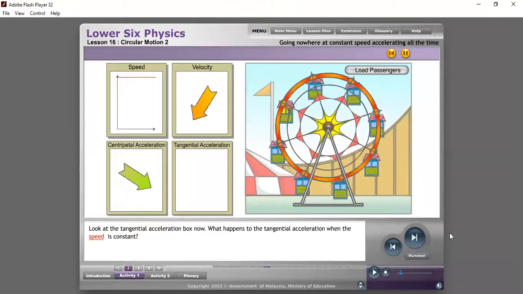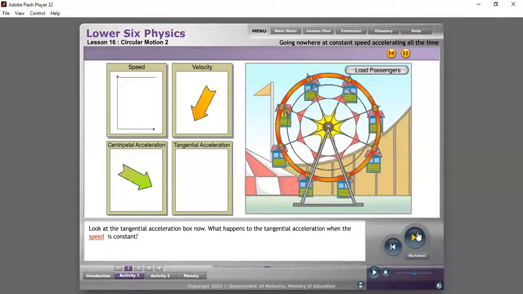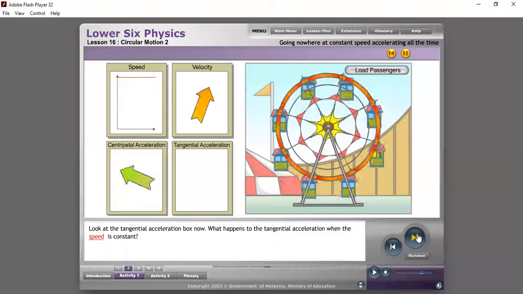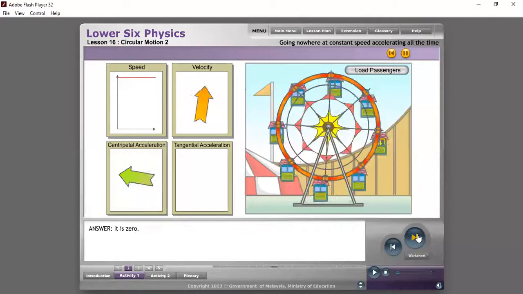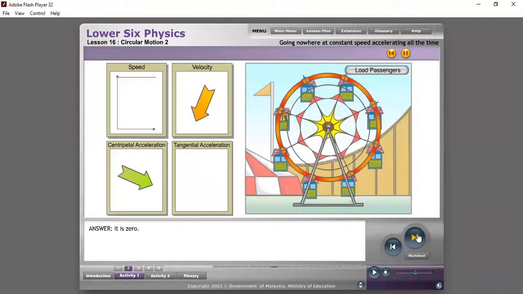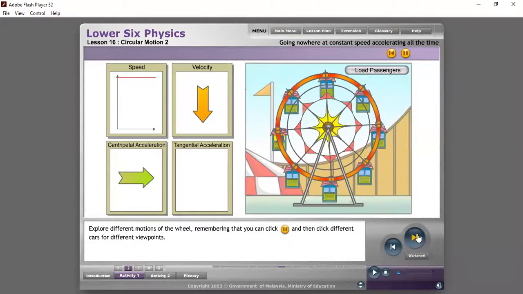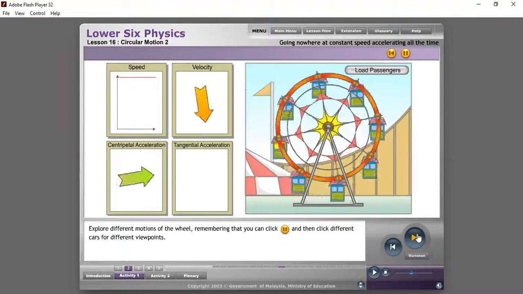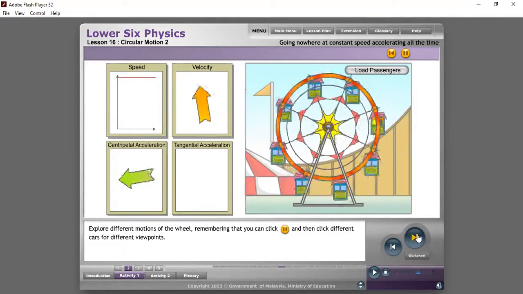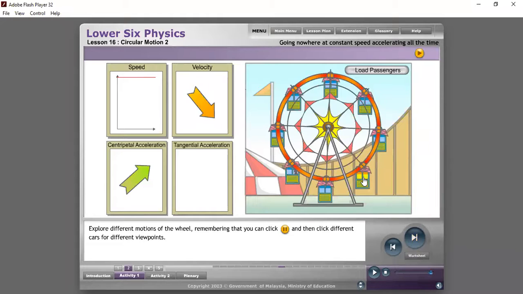Look at the tangential acceleration box now. What happens to the tangential acceleration when the speed is constant? The answer is 0, so this means zero acceleration. Explore different motions of the wheel, remembering that you can click pause and then click different cars for different viewpoints.